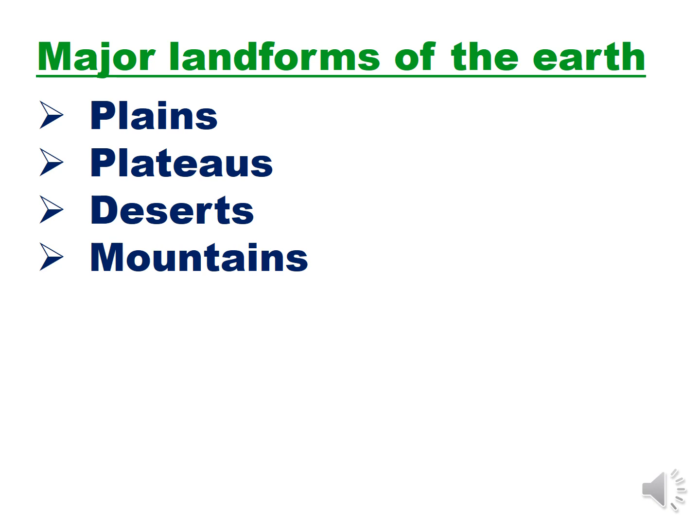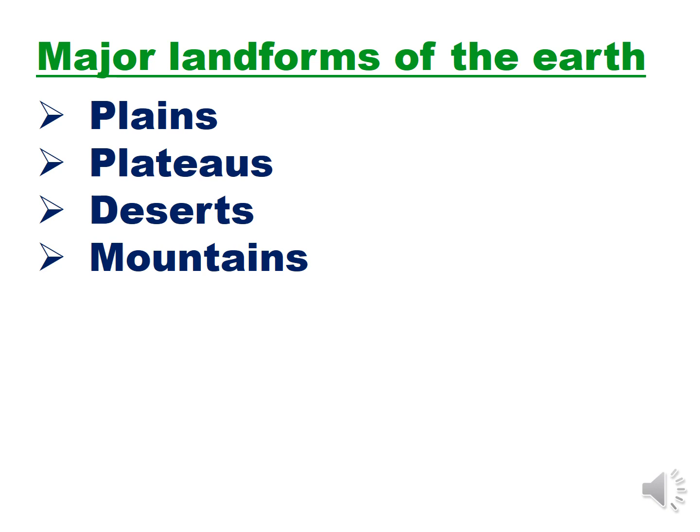In some areas the land rises high, while other areas are flat. The different features that make up the earth's surface are called landforms.